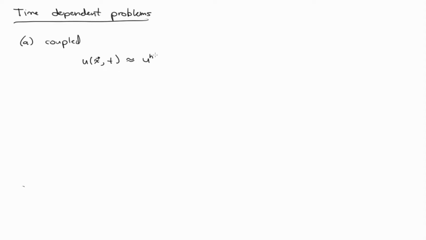And we would approximate that with some unknown coefficients uj times some shape functions that are both functions of space and time. Okay. This is not very common.